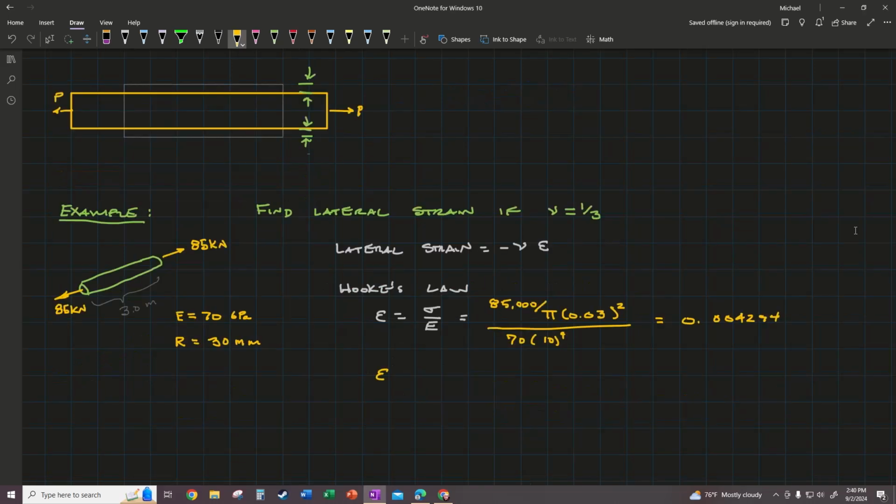And that means our lateral strain is going to equal, again, minus nu times our longitudinal strain we just calculated, or minus 1/3 times 0.004294. And our answer is a negative 0.001429.